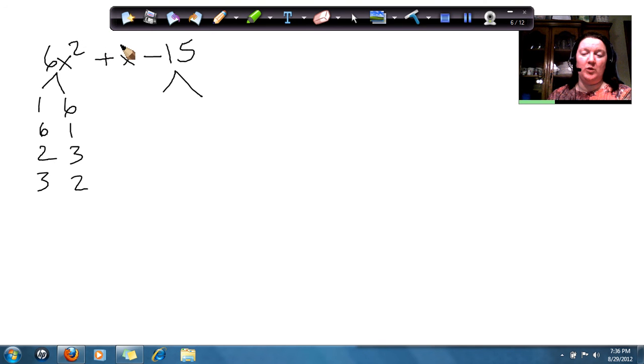Because I want a 1 in the middle, I'm going to leave the 1 and 15s till later, but let's try 3 and a -5 because those multiply together. I could have a -3 and a +5. I could have a -5 and a +3.